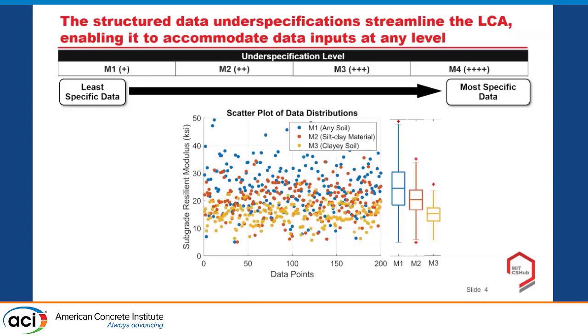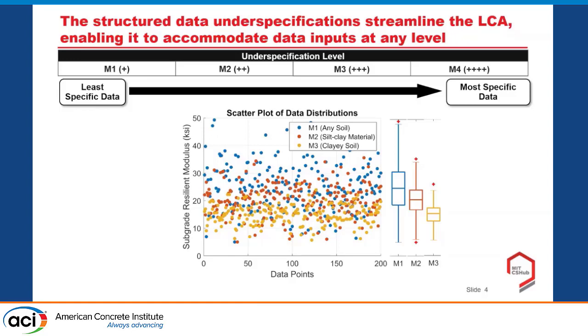Furthermore, if the user knows more, the categorical M3 has more shrinkage from M2, which is clayey soil. In this case, the subgrade resilient modulus can be further reduced to a smaller range with less uncertainty.